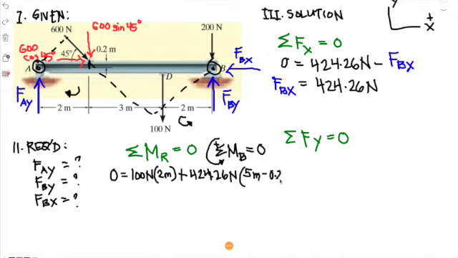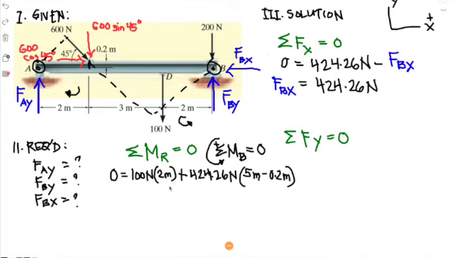So can you follow that? Since you will have minus, we just factored it out. We have minus 424.26 newtons right here times 0.2 meters. Since they are the same as this, we can factor out and just subtract that from 5 meters. Okay, so I hope you can follow that.